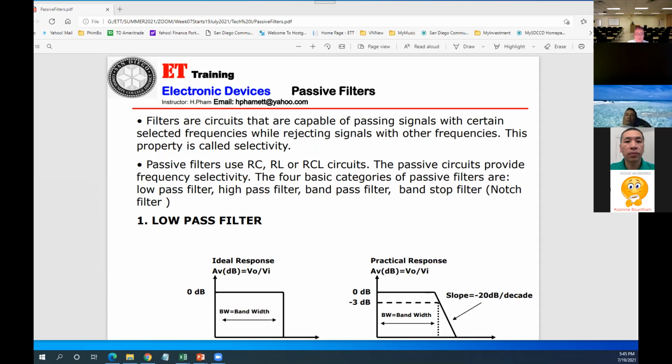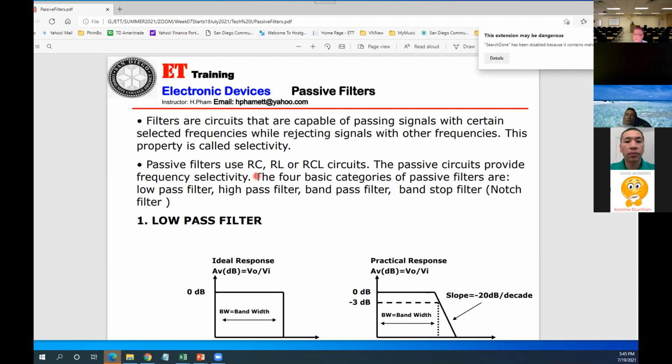However, it includes your voice. It includes the picture. Okay? That means they have to get the filter. Your voice, they allow to go to the speaker. The signal, they allow to display on the TV. So they must get the filter. Okay?